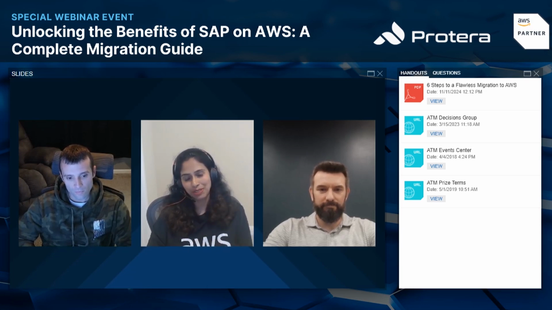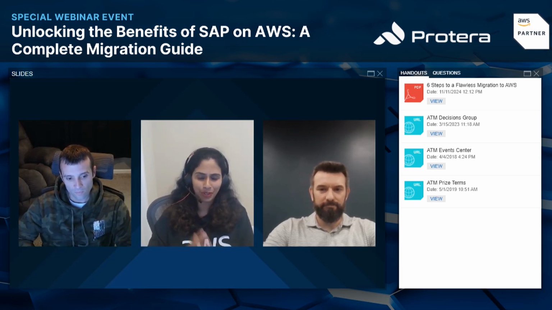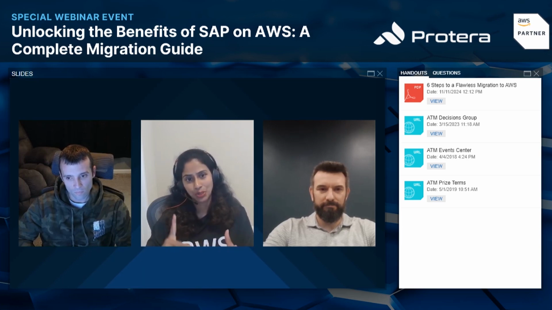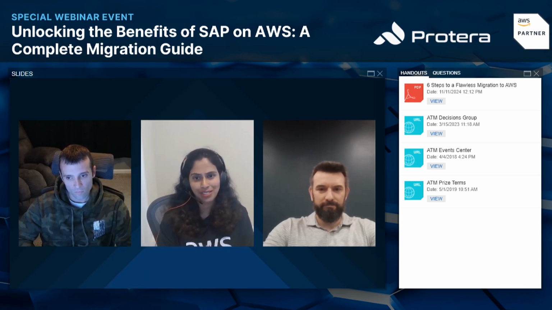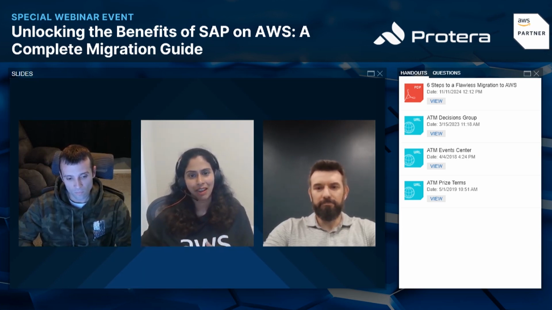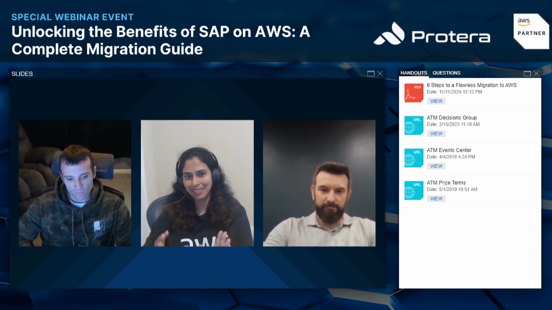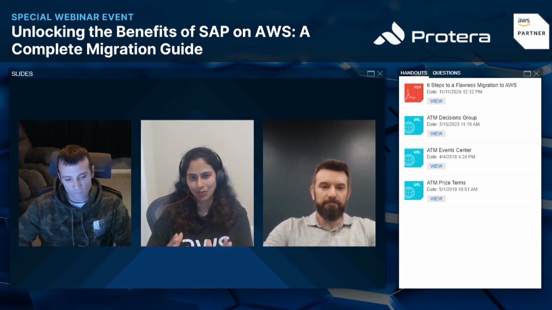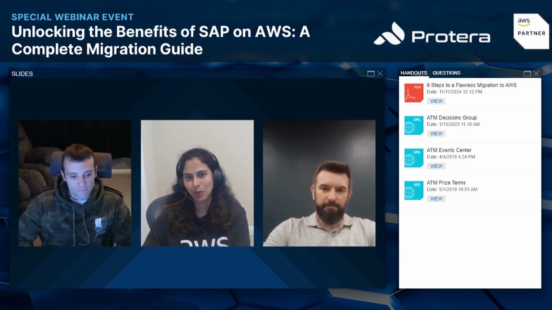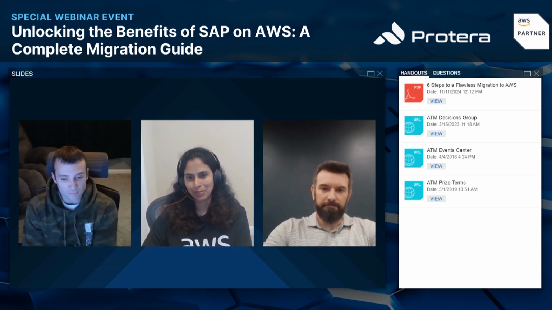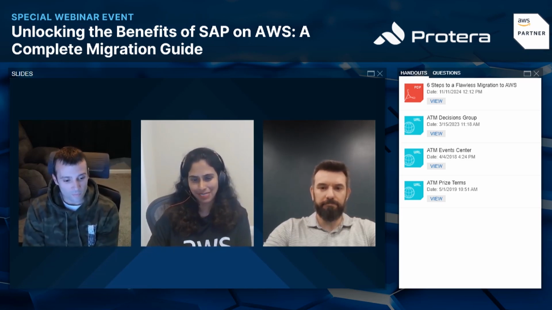AWS, as we're going to continue to talk about in detail, offers various management tools to monitor your application costs and to continuously right size your enterprise application in terms of optimization. With that said, Eric, just curious, what are some of the core key optimization strategies that Protera focuses on for SAP workloads in the AWS cloud, and any examples, please?